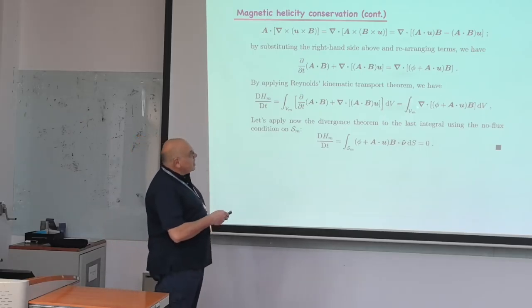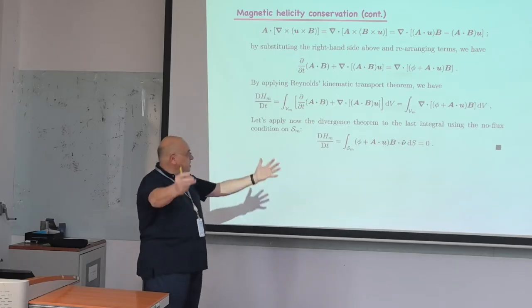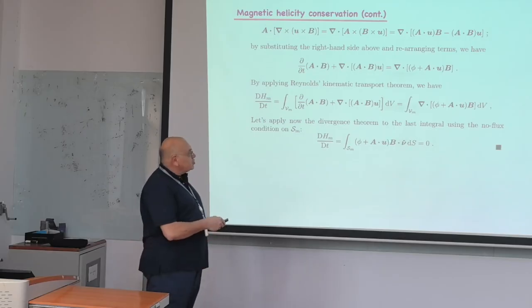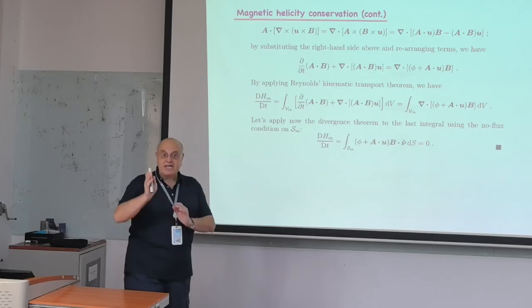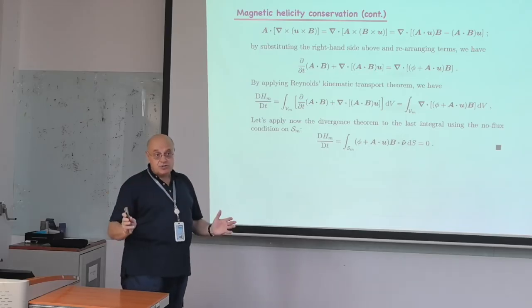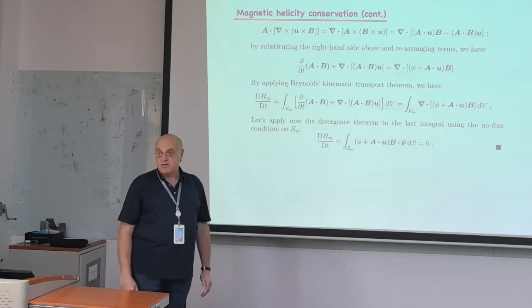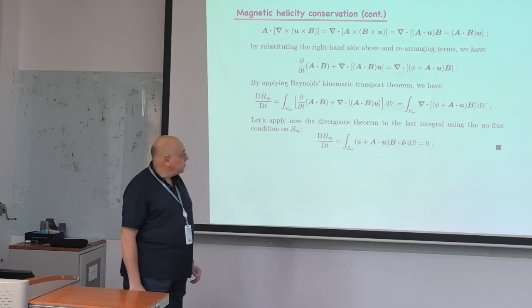So we rewrite the divergence in terms of a flux through the boundary, now a surface integral, and because we took the flux of the magnetic field through the boundary equal to 0, the whole thing is equal to 0. So that's the way to prove conservation of magnetic helicity.